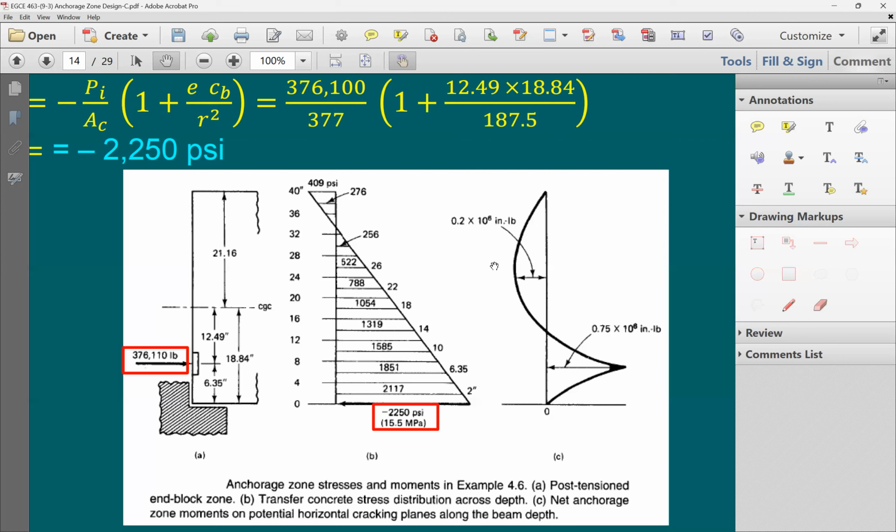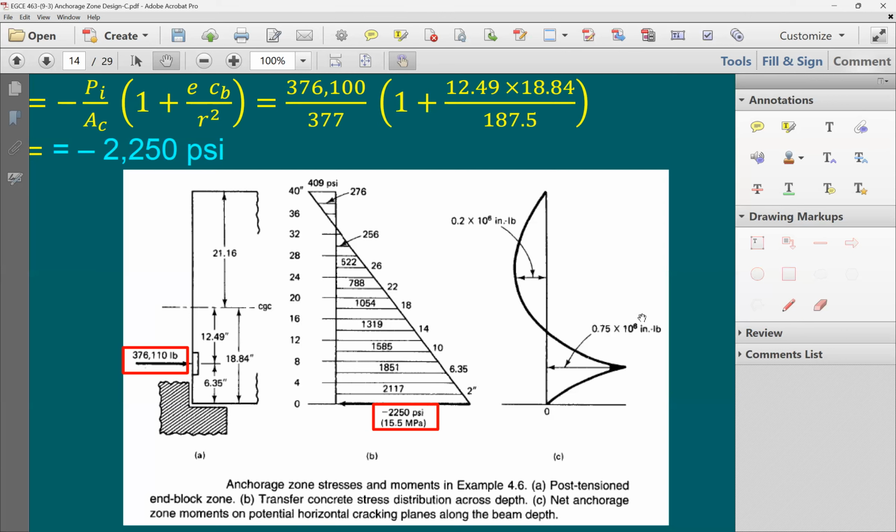And then after that, try to find out the tension force that we were talking about to design the ties. So right now, what I was able to do was find out the location of this resultant force, the prestressing, and the stress distribution, but I see here lots of numbers that I don't know what they are for. This is what I need to work on to find out the moment distribution.